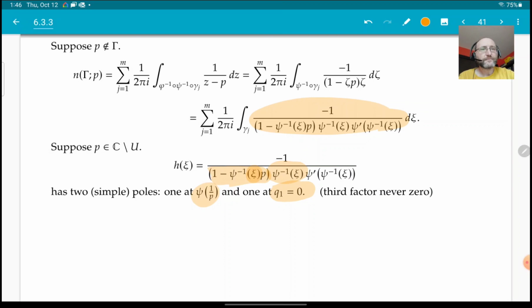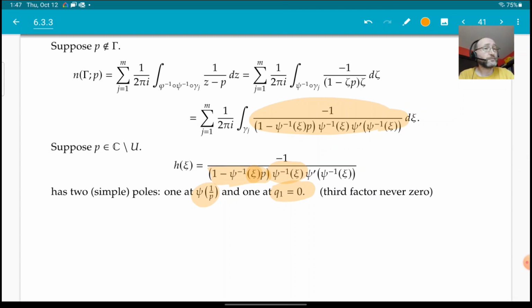Well, Q equals 0, sorry, at Q1, which is 0. That's where this is, because that took 0 to 0, so the inverse also takes 0 to 0. So that's another one, and again that was a biholomorphism, so this is also a simple pole.